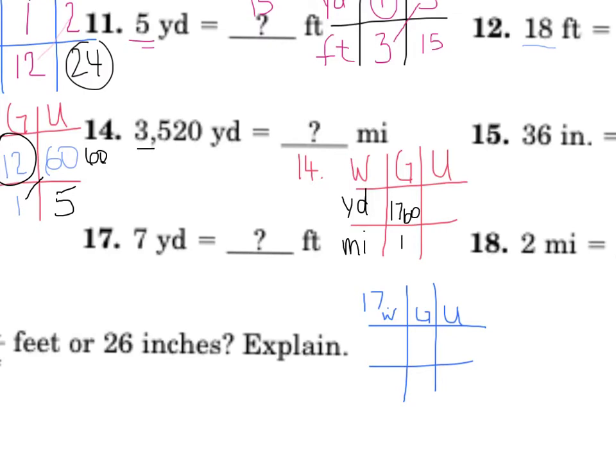And it's saying, well, what about 3,520 yards? Okay, well, we cross multiply. 1 times 3,520 is 3,520 divided by 1,760, and you get 2. So that's 2 miles right there.